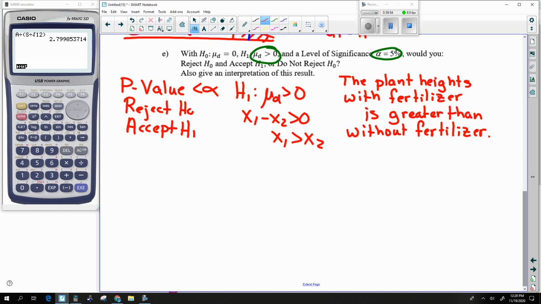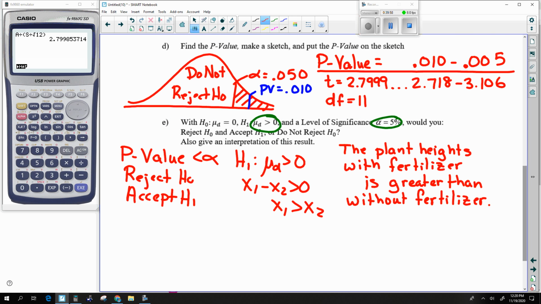So x1, plant height with fertilizer, is greater than x2, plant height without fertilizer. There it is.